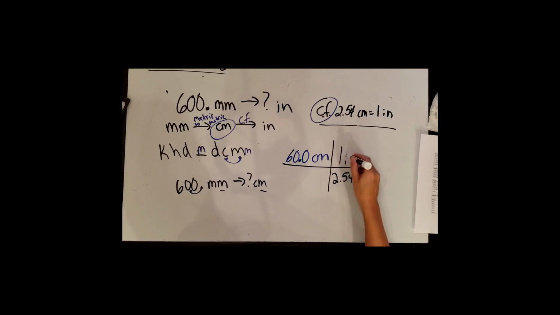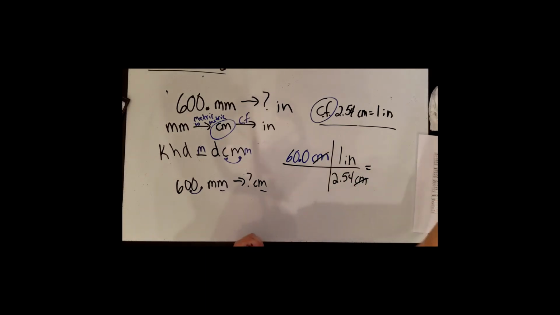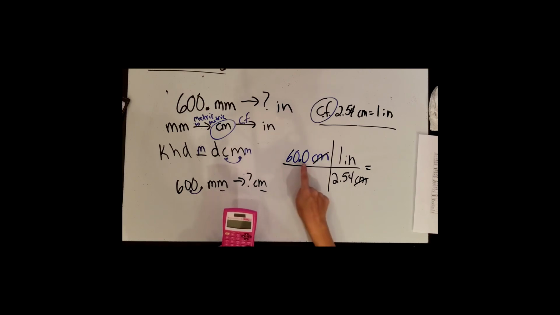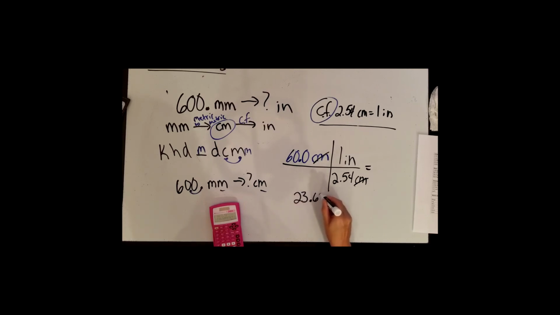And then my inches is going to go on the top. That way centimeters cancel. So to figure this one out, I'm taking 60 and dividing it by whatever's on the bottom, in this case, 2.54. So that gives me, I'll write it down here, 23.622 blah, blah, blah, a whole bunch of numbers.